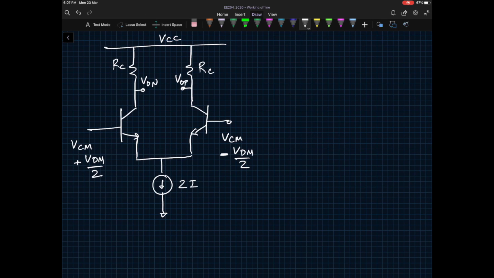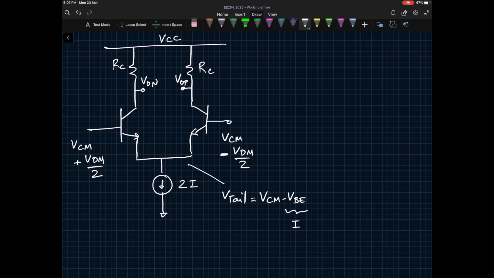As we said again, the V tail should pretty much remain the same, which is VCM minus VBE, average VBE. Now this is due to the common mode part, when the current supported is I equally.